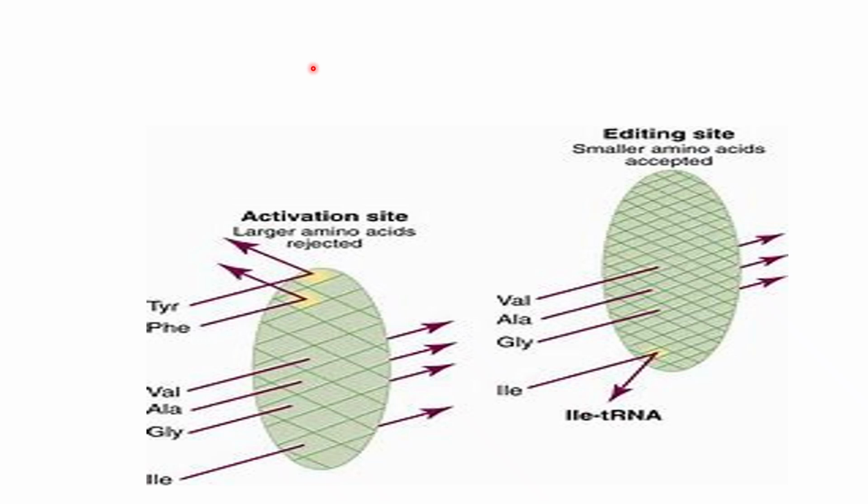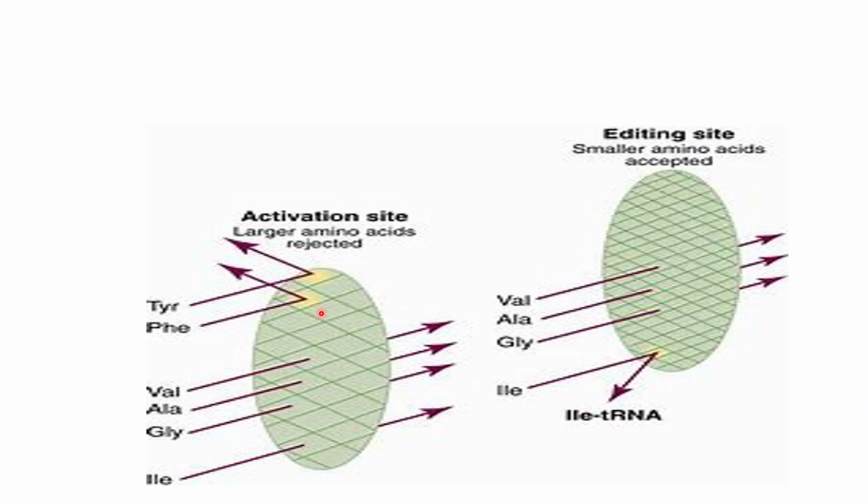Let us take this diagram to understand it in a better manner. This diagram beautifully illustrates the double sieve mechanism using amino acid size as the key factor. Now imagine this is your activation site on the surface of aminoacyl-tRNA synthetase specific for isoleucine. Suppose all these amino acids, tyrosine, phenylalanine, valine, alanine, glycine, and also the correct amino acid, isoleucine, approach this enzyme.